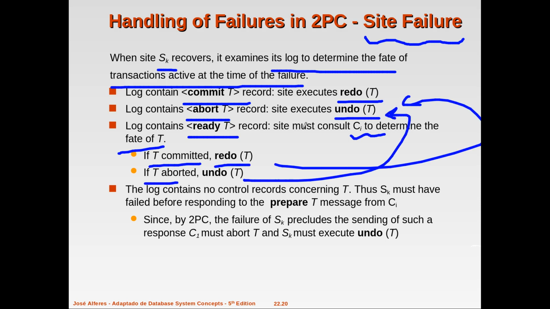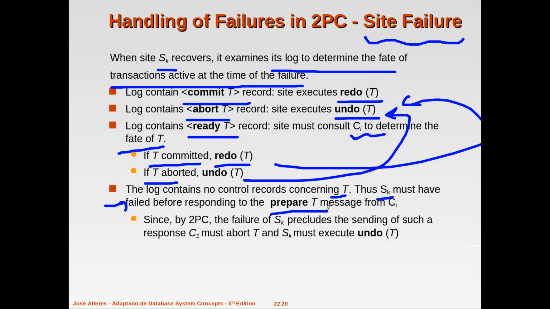transaction T. Now if the log contains no control records concerning T, if there is no information about the transaction T, what is the meaning of that? The site failed before responding to the prepare T message itself.